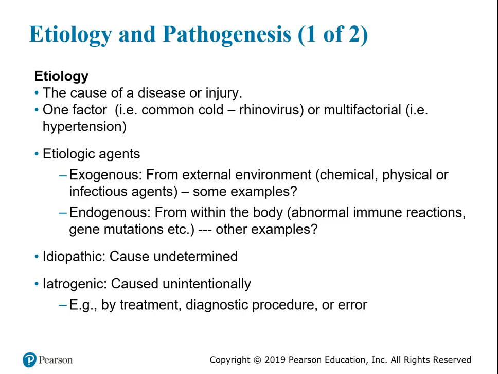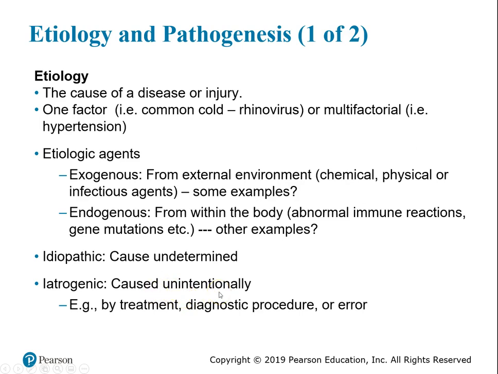All right, some other terms down here. So idiopathic, right? If we talk about a disease being idiopathic, it means that the cause is undetermined. We don't know the cause. Unfortunately, there are very, very many diseases where we don't know the cause, okay? If we talk about iatrogenic, this is something that's actually caused unintentionally, right?